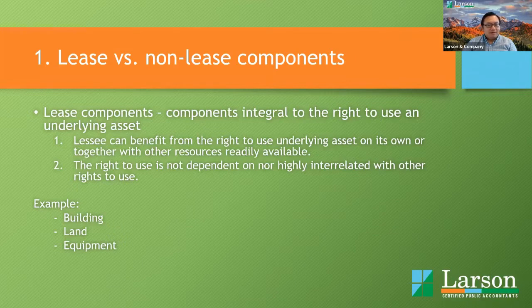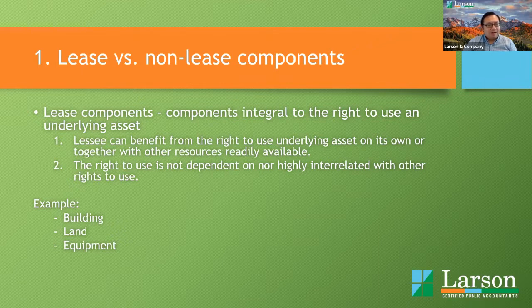The second is that the right to use is not dependent on, nor highly integrated with, other rights of use. So if a component of your payment is not dependent on or highly integrated with other rights to use, then most likely it will be a component of the lease.